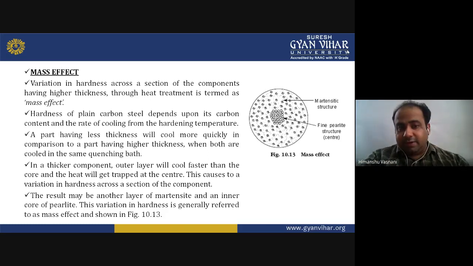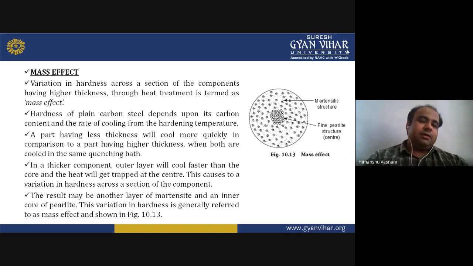Now, a part having less thickness will cool more quickly in comparison to a part having higher thickness, because the core will get cooled later on, layer by layer, when both are cooled in the same quenching mode.